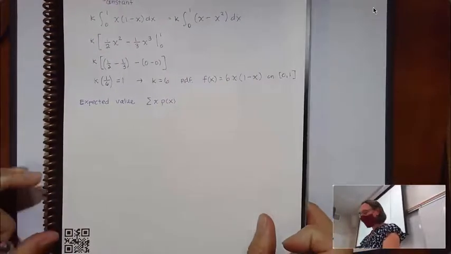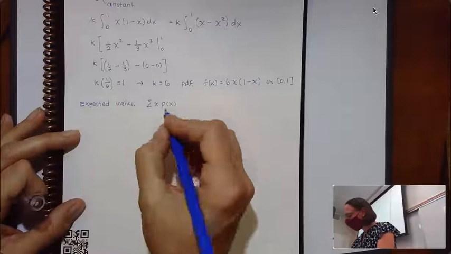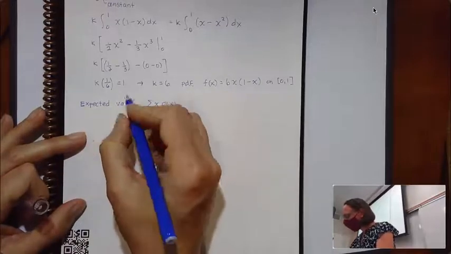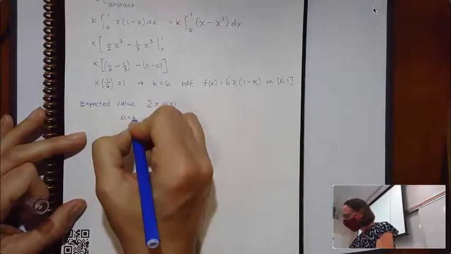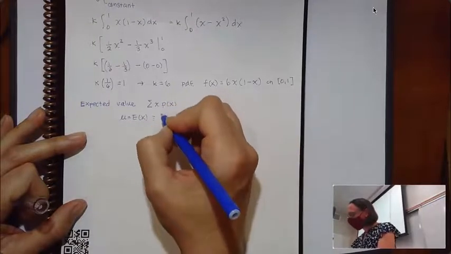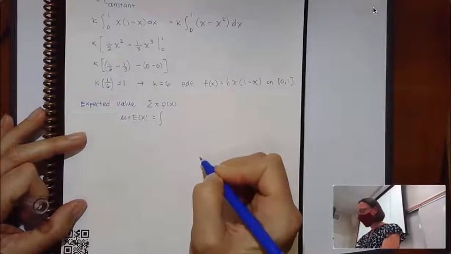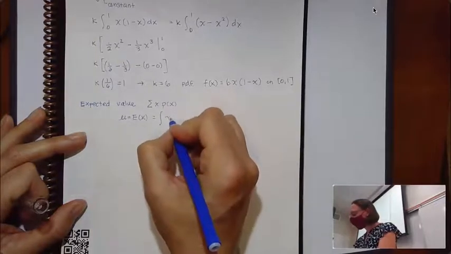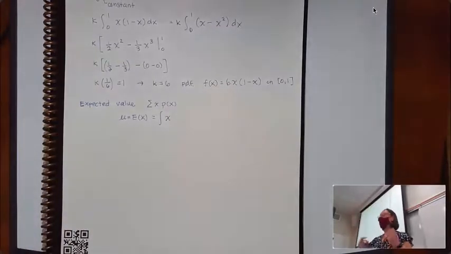And the only difference when we switch to continuous is that expected value piece. We're going to add them up calculus style, which means we're taking an integral, but we still have x times, and then our probability density function is what replaces our p of x in the equation.